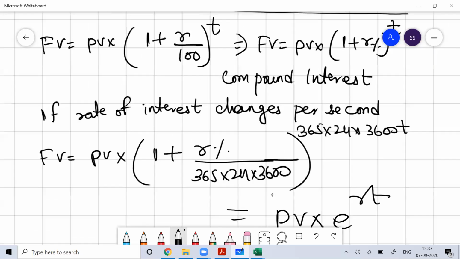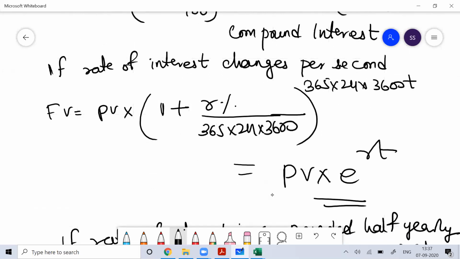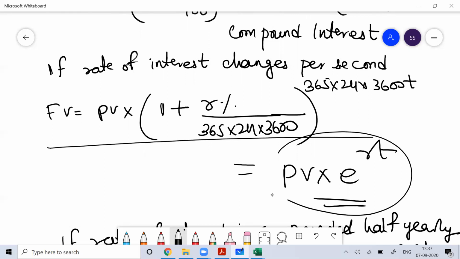In derivatives, we believe that the rate of change happens every second. So instead of doing such a complicated calculation, this is as good as present value into e to the power RT, and both give you the same value.